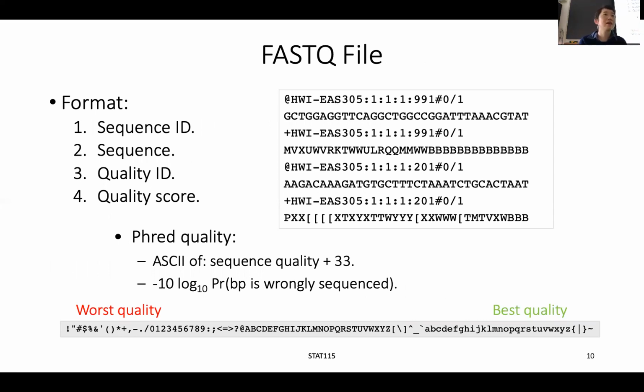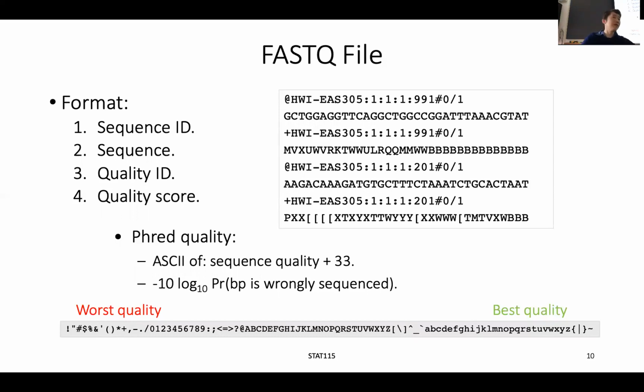Would you mind saying what the letters stand for? What's the real score for N or for V or X on the quality score part? Basically, these are just characters. You can imagine if the quality score is only 0 to 10, you can just use numbers to represent them, right?